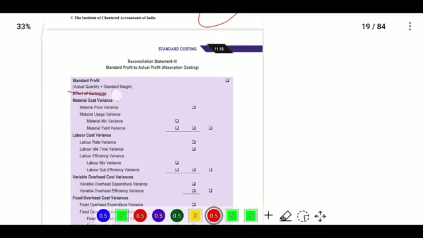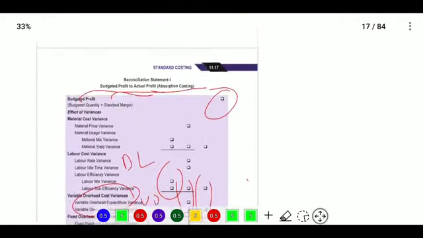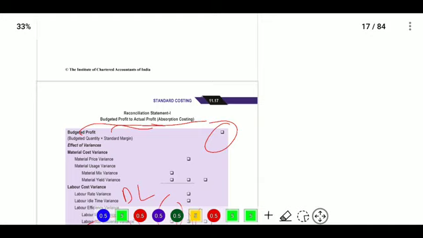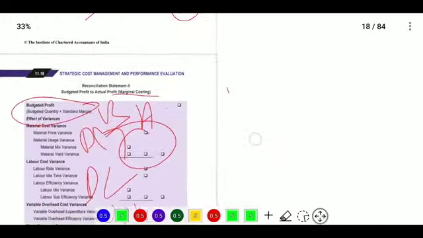Next, they provided absorption costing, third one. So here see actual quantity into standard margin, and first one. So we are seeing budgeted profit to actual profit, so we have taken budgeted quantity into standard margin. Next, in the third statement we have standard margin, actual quantity.